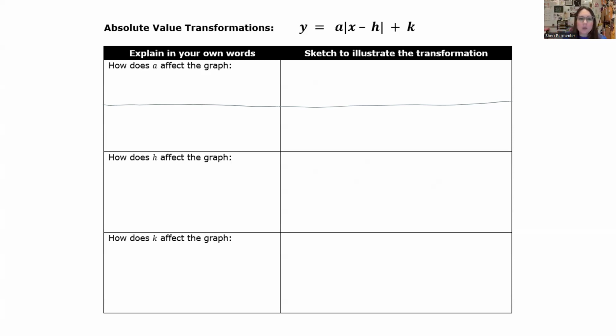And so we've got when a is positive. When you have a positive a, your graph is going to open up. And when you have a negative a, the graph is going to open down.